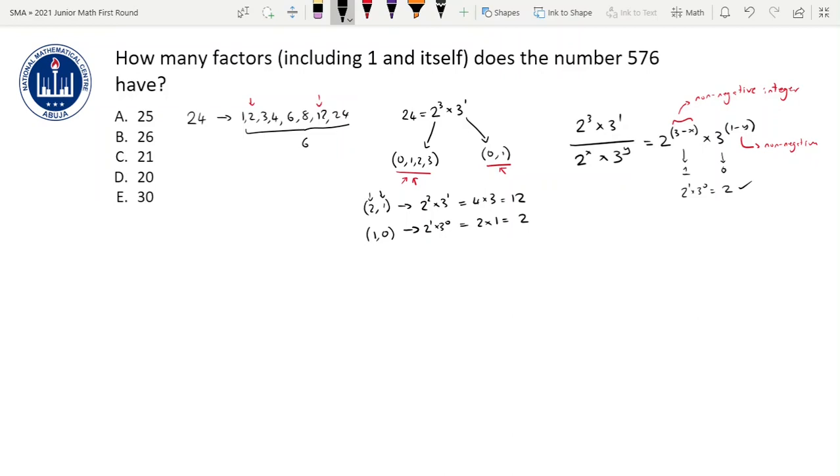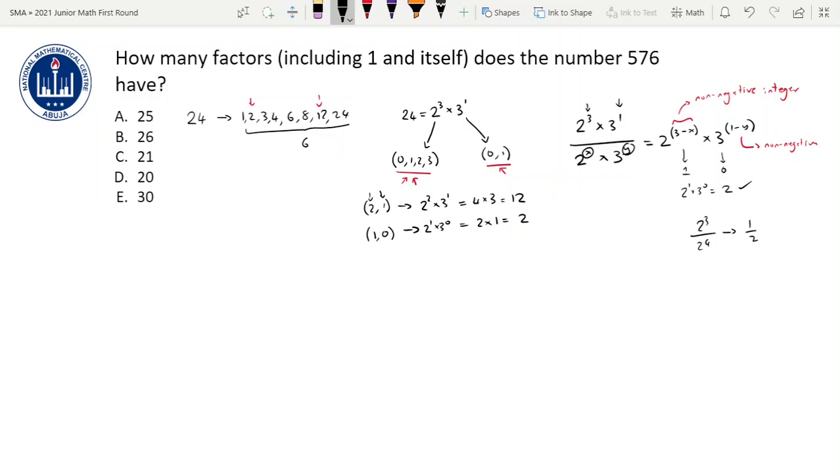If you pick a value of x that is less than or equal to the power of 2, which is 3, and pick a value of y that is less than or equal to the power of 3, then when you divide the original number by that new number, you're going to have a whole number. Because if you divide 2 raised to power 3 by 2 raised to power 4, so if you divide by something that is bigger, that's when you start having fractions like 1 over 2 and so on. So that's the idea behind this.